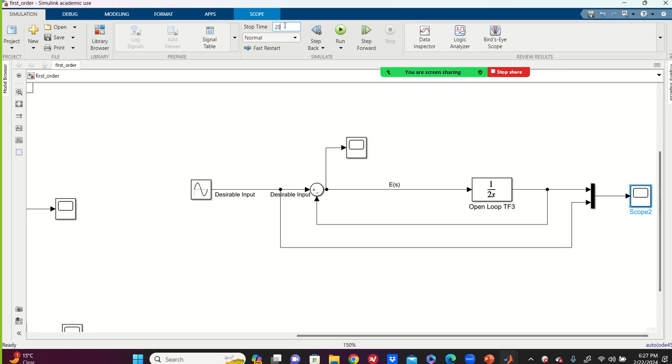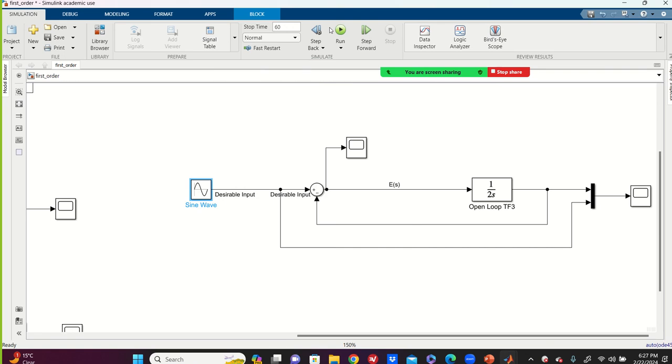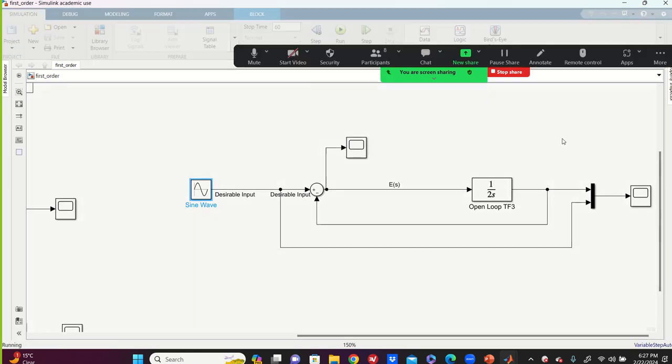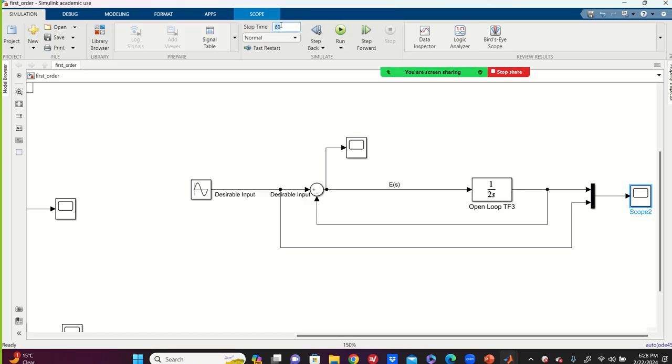So let me put this as 60 again. I made the frequency very low. See, 0.1 radian per second. So if I run this, you see almost the same amplitude. Okay. Let me put this at 250.